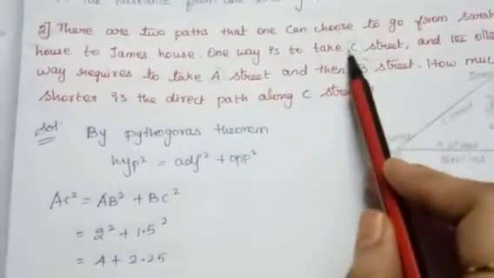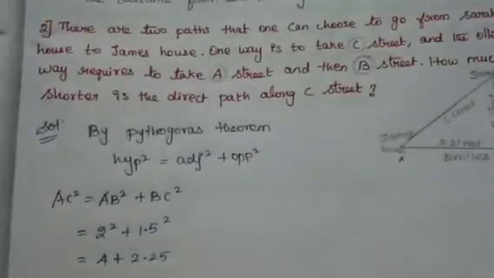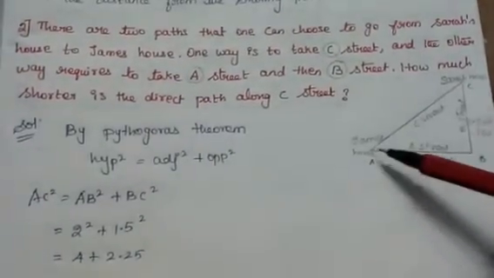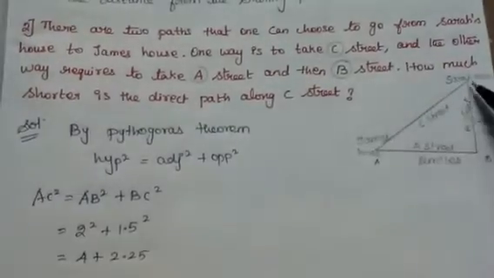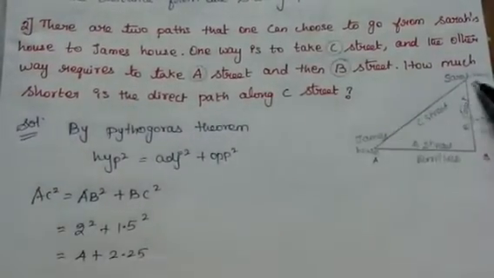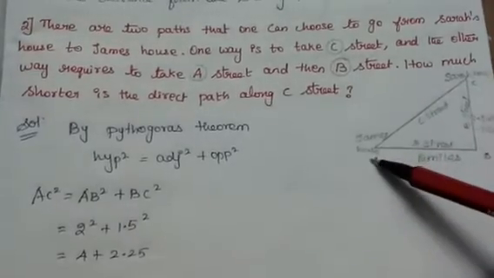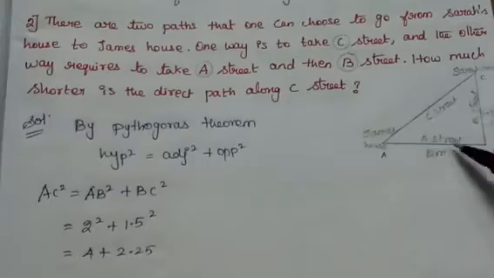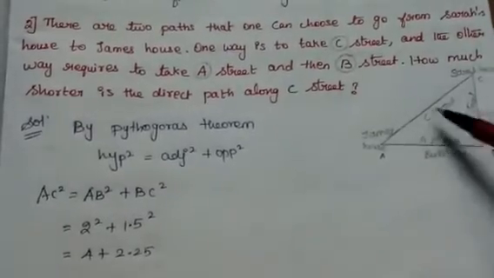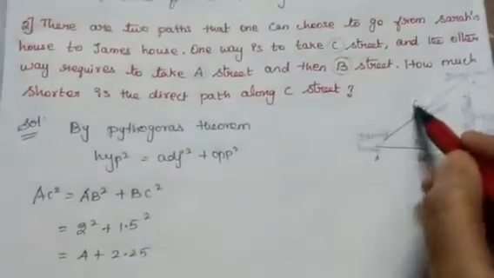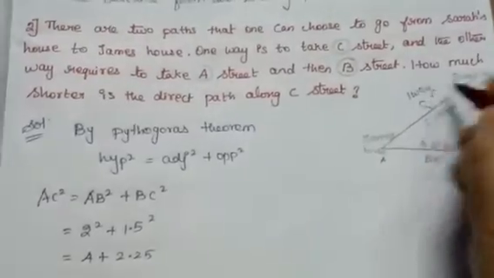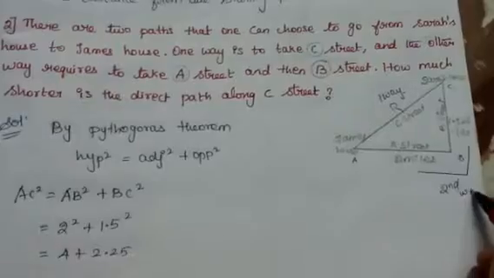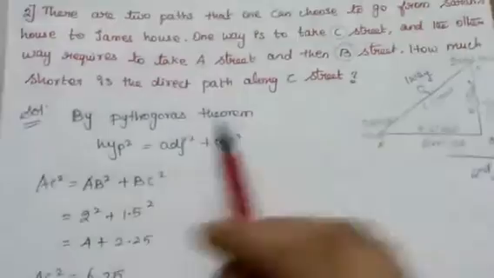One is C Street and the other way requires taking A and B. First way is C Street, this way. And the second way is A Street to B Street.